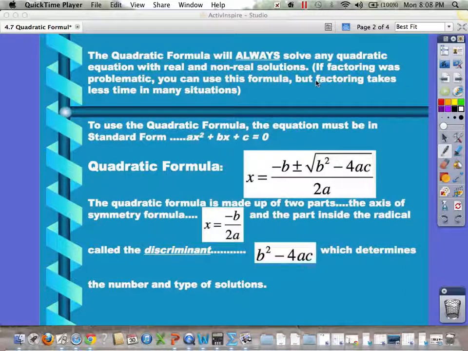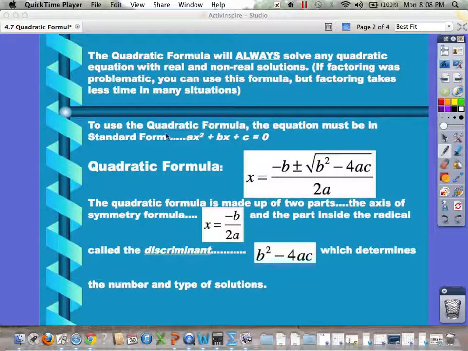So you do need to know the factoring, because it takes less time in many of the situations that you're going to use it. But like I said, if you have any answer choices on a standardized test that are decimal, simple radical form, or imaginary or non-real answers, this is the way you want to go.